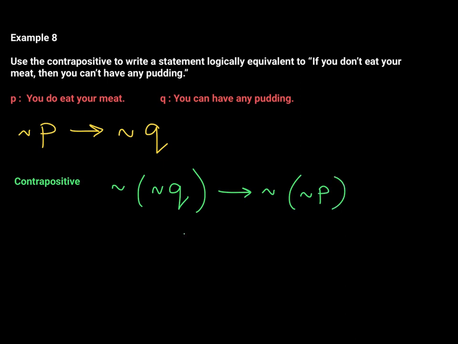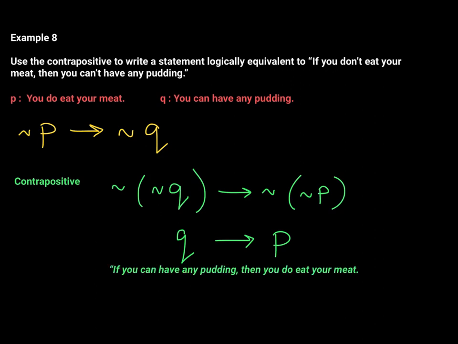In other words, if Q, then P. In words, the contrapositive is read as, if you can have any pudding, then you do eat your meat. This is so valuable that we're able to take a statement and come up with its contrapositive. In other words, a statement that is logically equivalent to it.